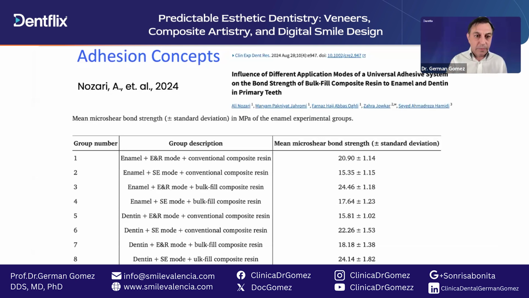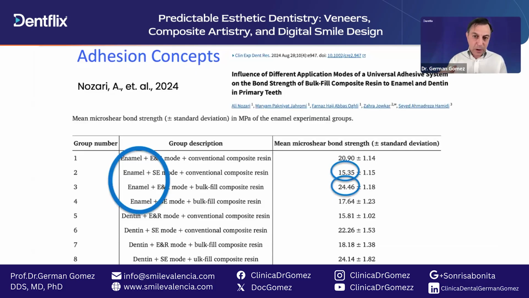And we see here enamel ranges from 15 megapascal, which is the shear bond strength, okay, up to 24 megapascal, okay? So it depends on which adhesive we use and which composite we use.